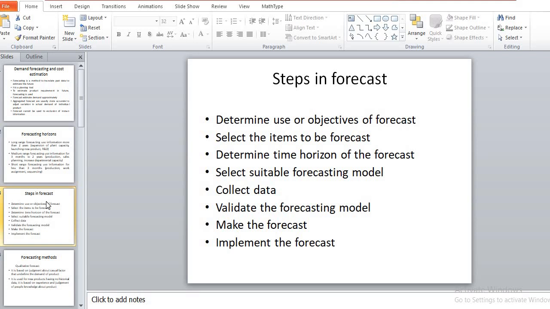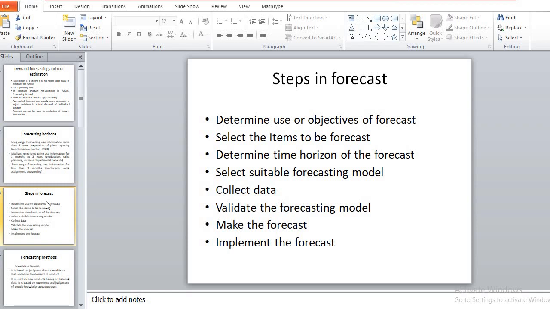Again, forecasting of one product cannot be applied to another product. So we should focus on a particular product, or a particular element of that product, for which the forecasting should be done.